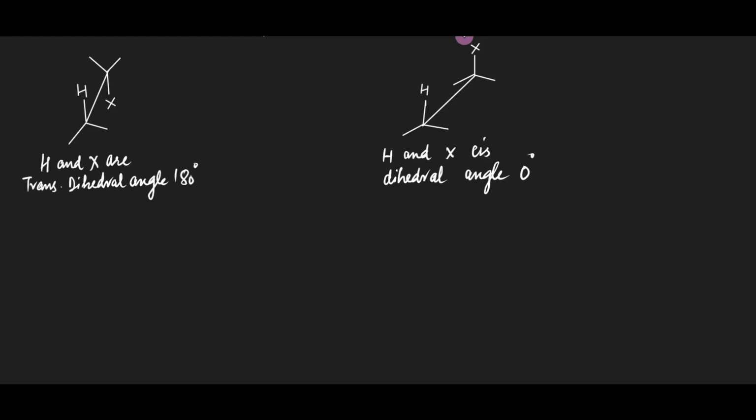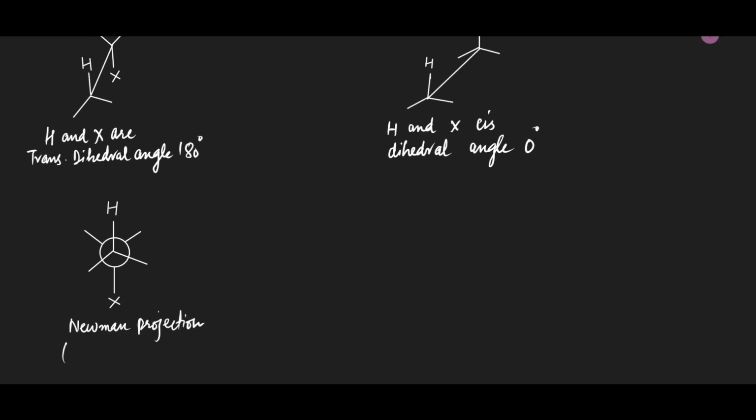These are sawhorse projections, and can be converted into Newman projections for easy understanding of syn and anti relationship of H and X. So, the sawhorse can be drawn as a Newman projection like this: the hydrogen on the front carbon goes up, and X on the back carbon goes down with a dihedral angle of 180 degrees. This is called the anti conformation.